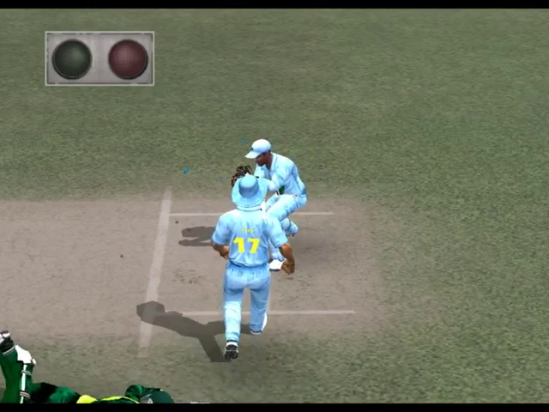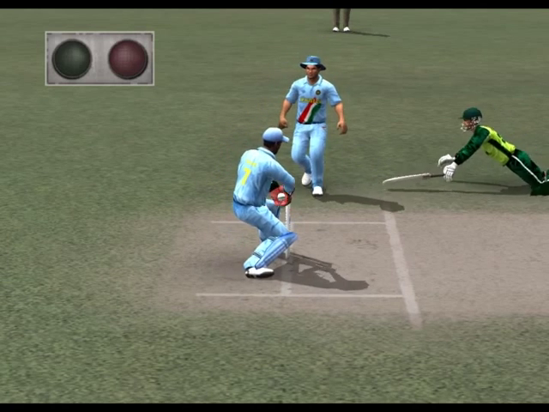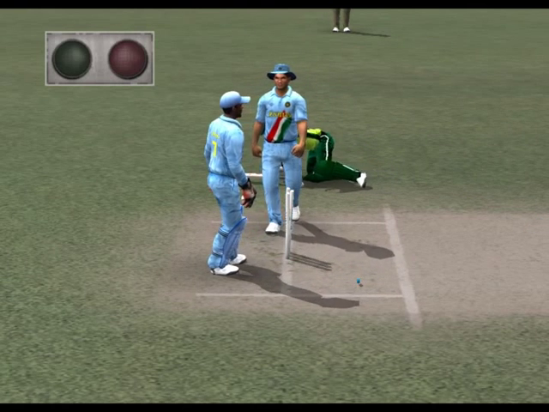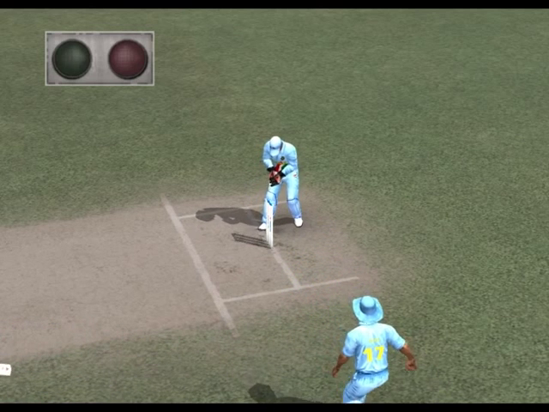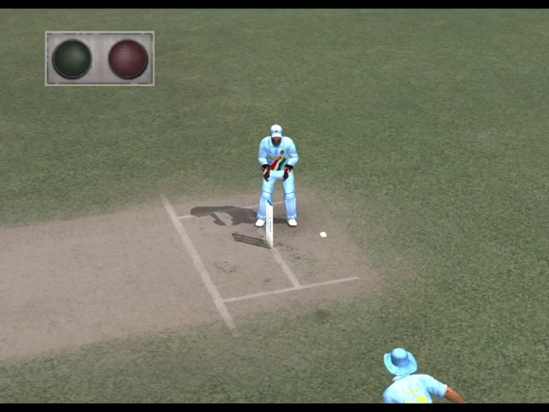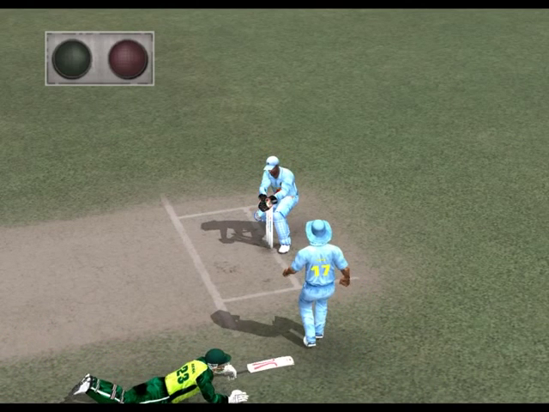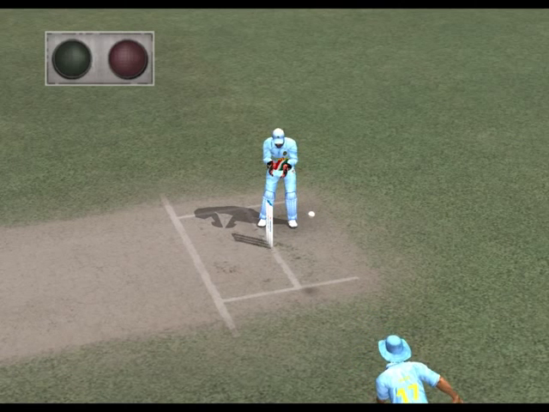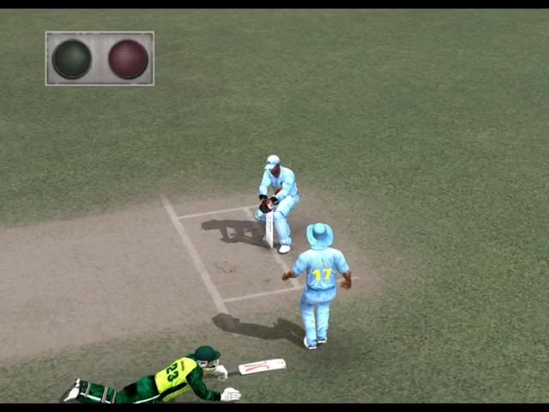Umpire signalling for the third umpire for this one. There's the signal, he's safe.